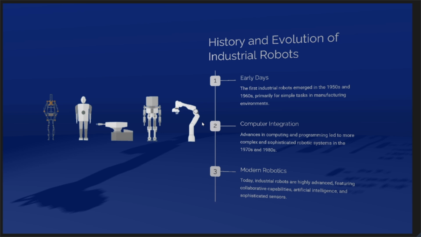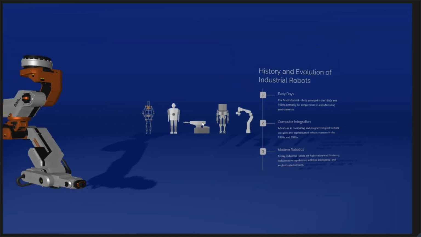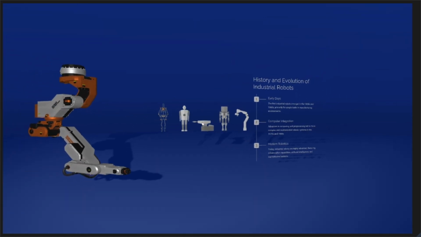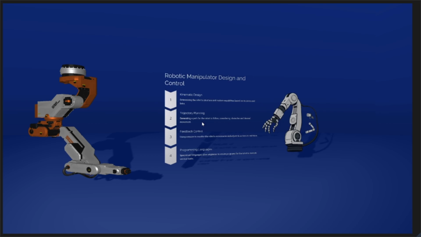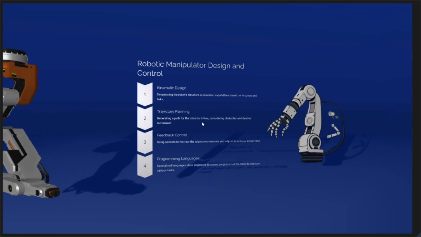So typically when you go into an industry, you actually learn to collaborate with the robot. With the advances in artificial intelligence and sophisticated sensors, it is vital that people know how to use robots, and about the robotic manipulator discipline.